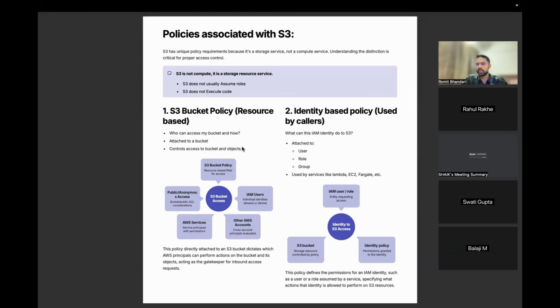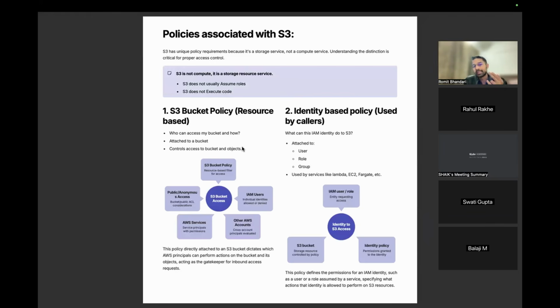I already mentioned there are only 3 or 4 compute services in AWS, which are Lambda, EC2, and Fargate, which is nothing but a launch engine, and you can call it a compute service, which internally can use ECS or EKS for containerization. So S3 is a resource service. It's a storage service. You are storing some files, some data. You are not executing any code in S3. So that's how S3 is a little bit different from Lambda.